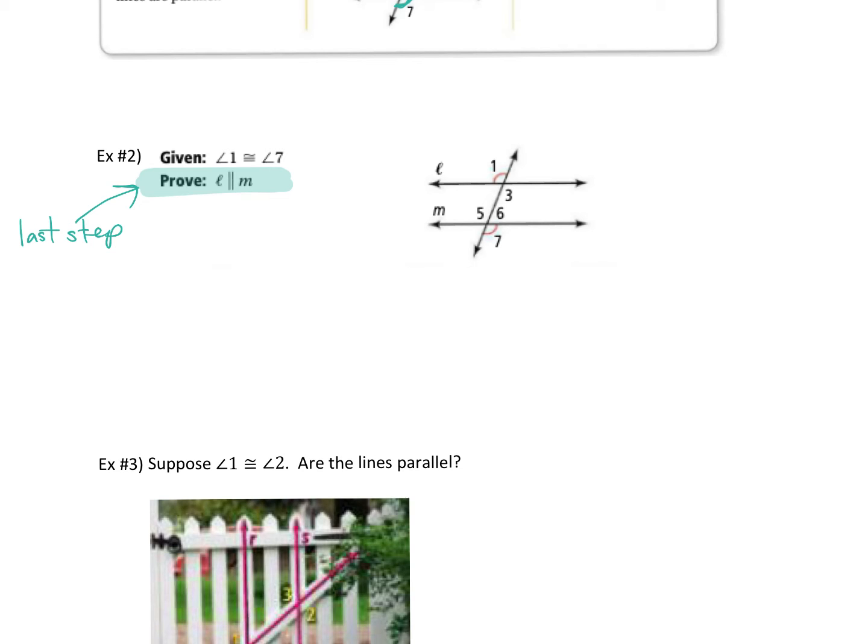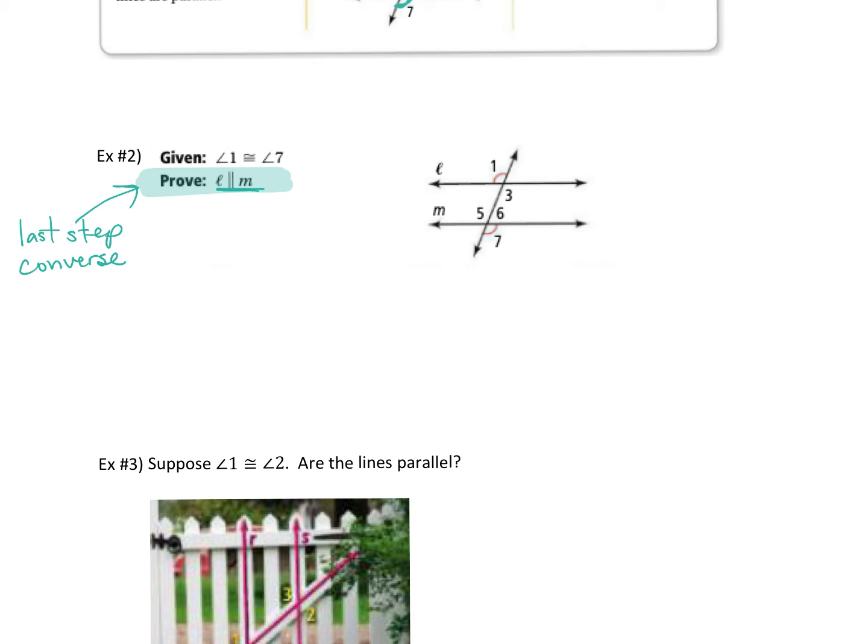If we're proving lines parallel, what's the reason for it? Converse. That's the one. Converse, right? It's going to be the converse of something. We don't know which one yet, but it's going to be a converse, okay? So just remember, if you're proving lines parallel, your last step is going to be a converse, okay?